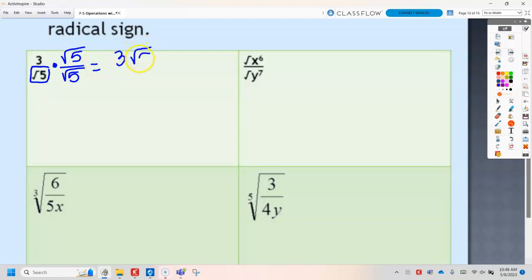My new answer becomes 3 square roots of 5 over 5. When you multiply the same square root times itself, it becomes the number underneath.